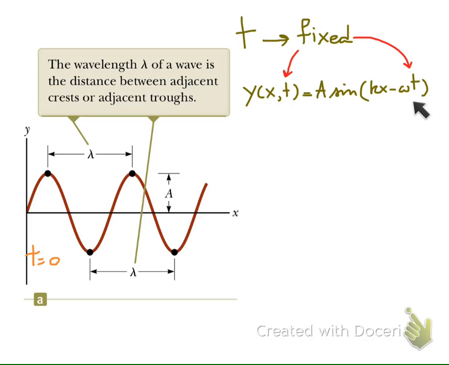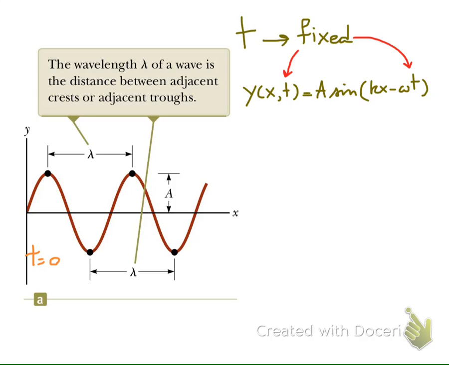So we have to put t equal to 0 here, but that is not necessary. We can do the following analysis without taking t equal to 0, as long as t is fixed. So this is a snapshot of the wave at a fixed value of t.